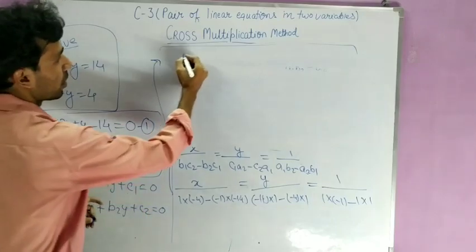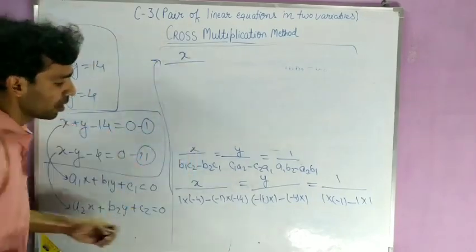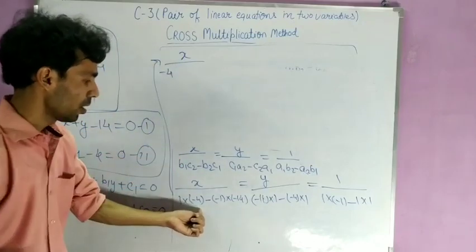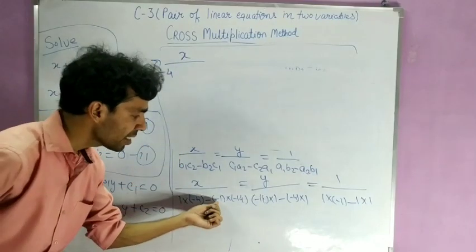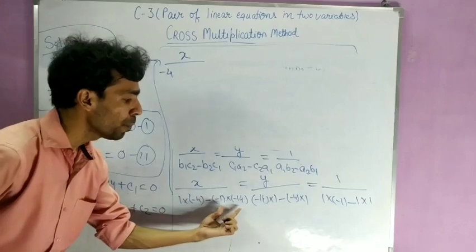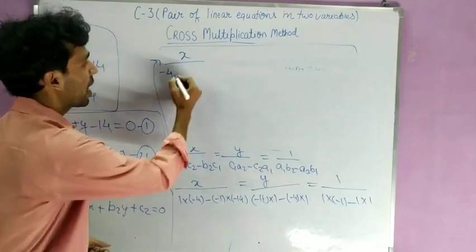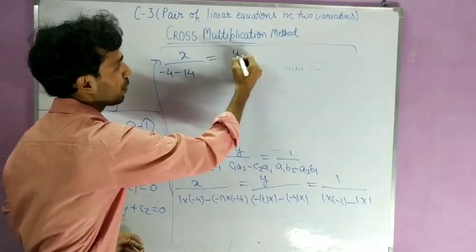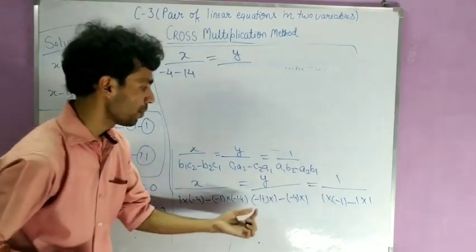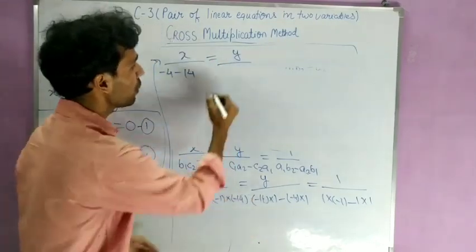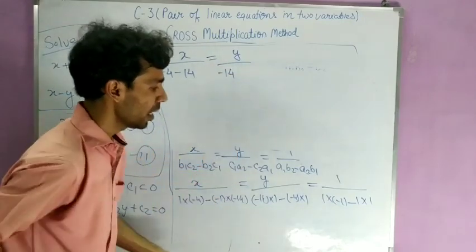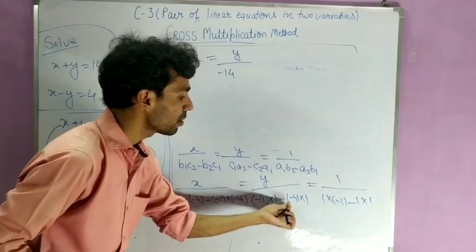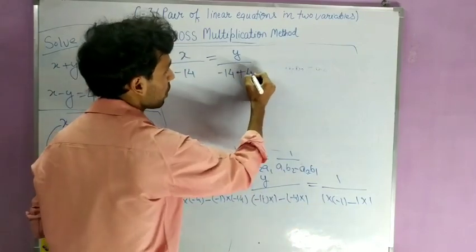Now see, x upon, now 1 into minus 4 will become minus 4. Okay, now see, minus 1 and minus 14 will become plus 14 and minus, so minus 14. Okay, equal to y upon, see, minus 14 into 1 minus 14, and see, minus 4 into 1 minus 4, and minus 4 minus plus 4.